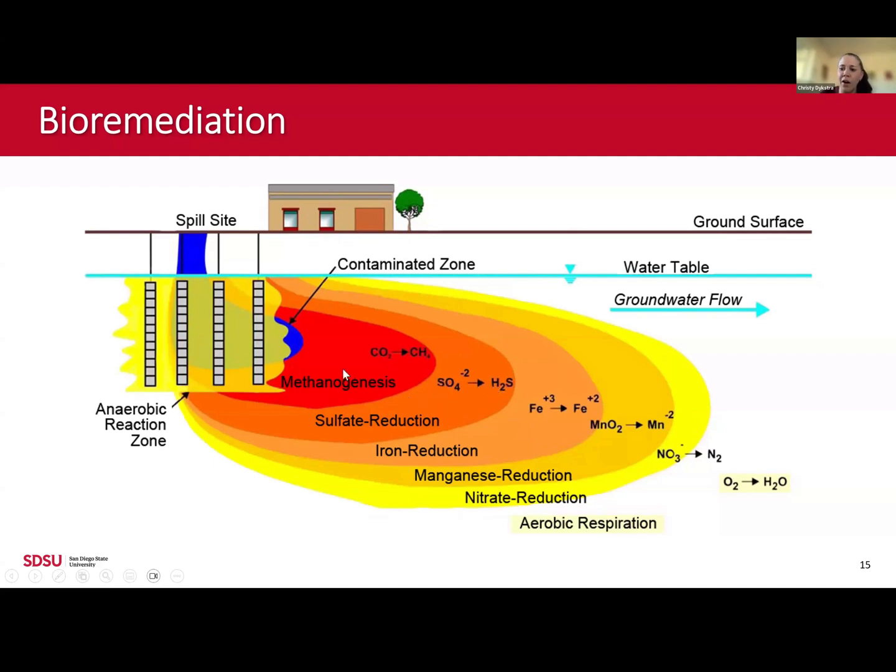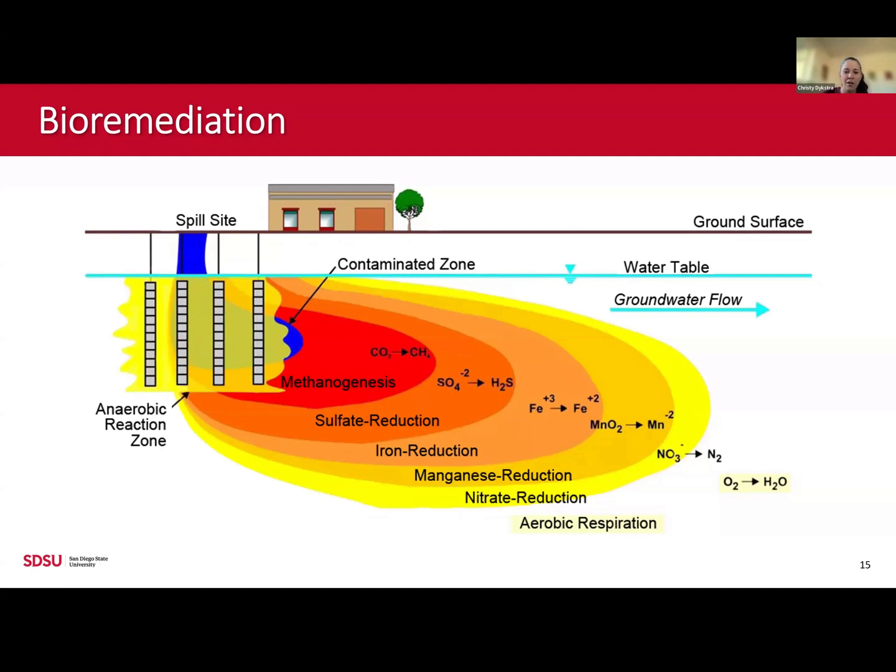And then when we run out of all of our exogenous electron acceptors, we're going to start having fermentation and methanogenesis happening, which is what we would expect to see close to our spill site, because that's where we have the highest concentration of our contaminant.